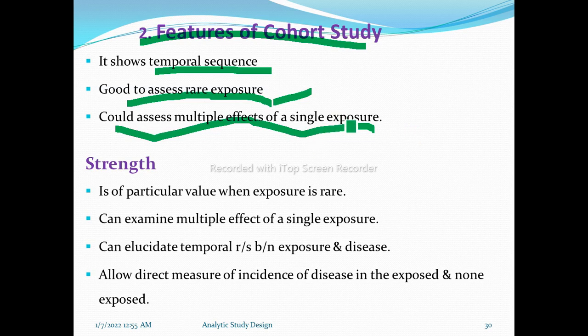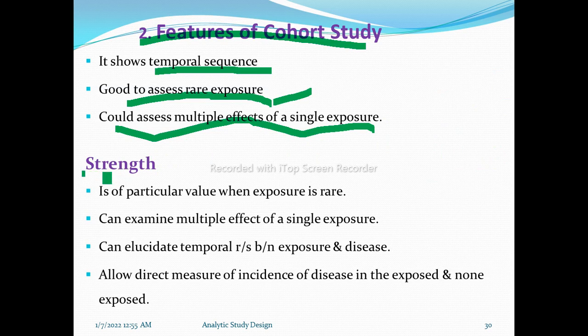From a single exposure we will find multiple outcomes or multiple effects, but in case control study, for a single disease we will get multiple exposures, multiple risk factors. But in the case of cohort, for a single exposure we will find multiple effects or outcomes.